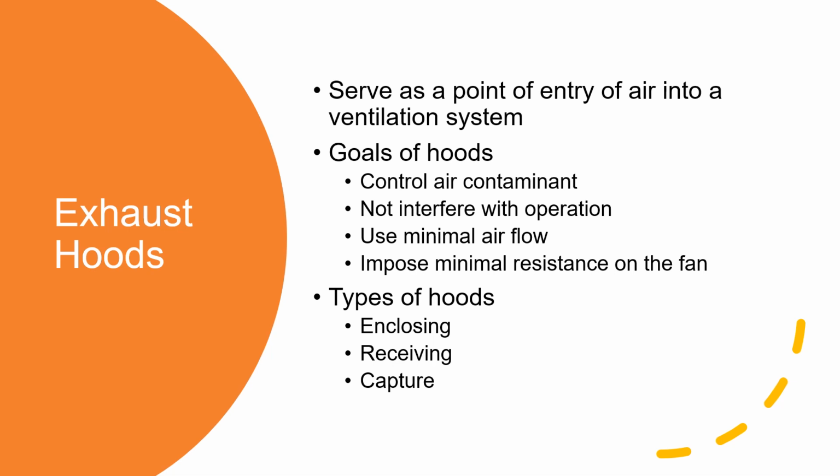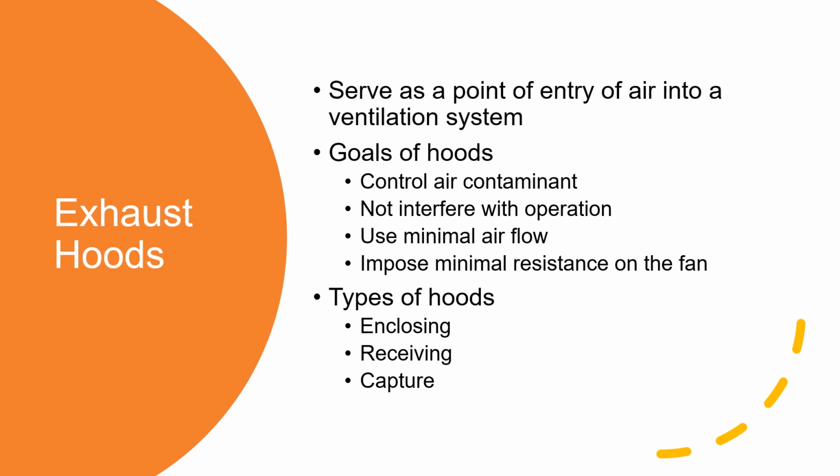There are multiple kinds of hood types, and each of these hood types is good for different purposes or systems. So if you're designing a local exhaust ventilation system, you need to think about what you are trying to control, and what the best hood would be for that purpose.